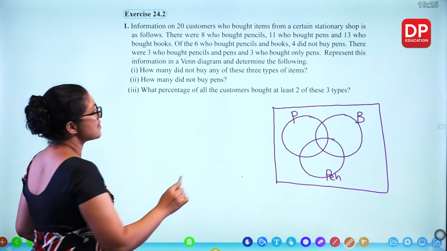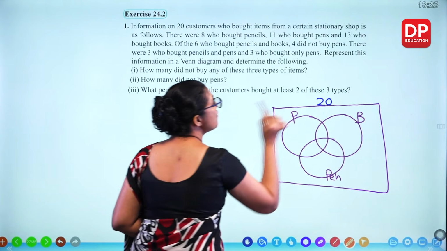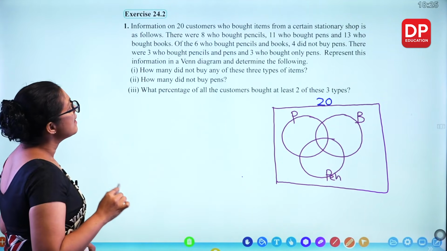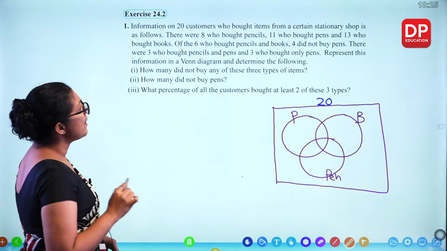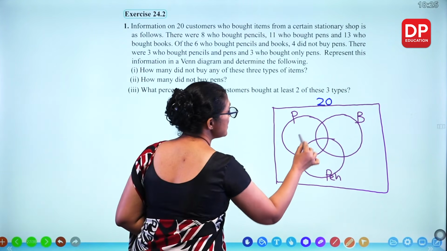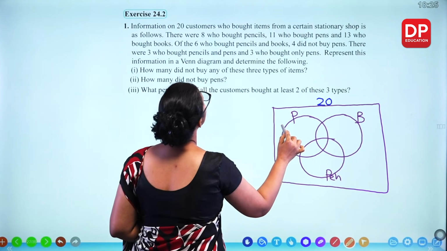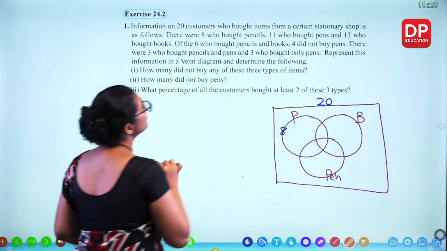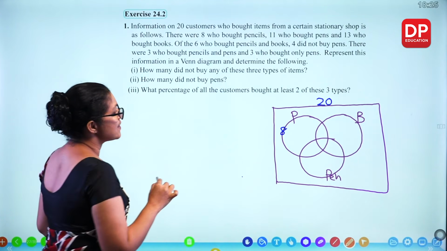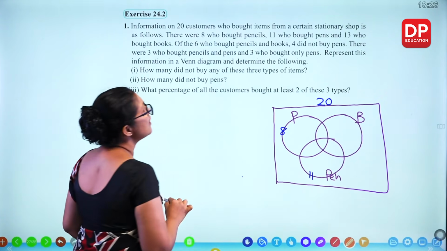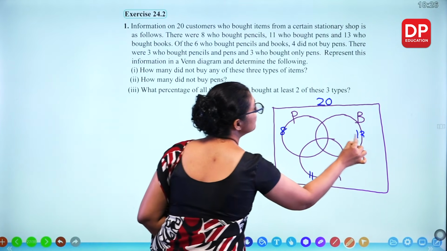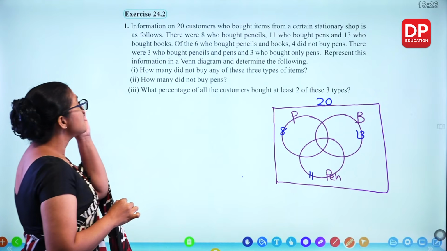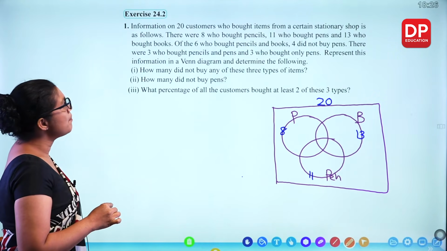Information on 20 customers. So that means everything is 20. Now what's the next one? There were 8 who bought pencils. Pencils is this one, so 8. 11 who bought pens, 11 here. 13 who bought books.